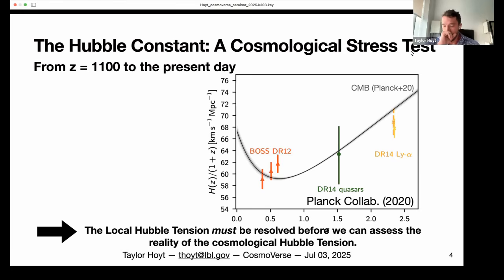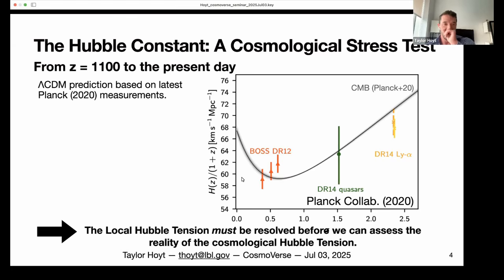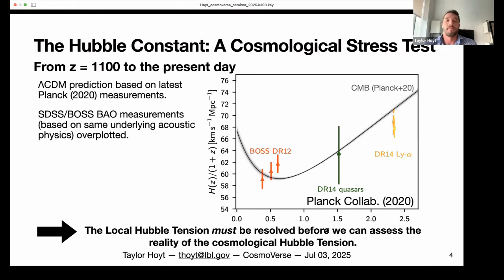So H0 is, of course, on the leftmost y-axis. Overlaid are the SDSS BOSS BAO measurements. Presumably this could be updated with DESI, of course, but I don't know an easy way to do it. Someone who actually works on it could probably do so.